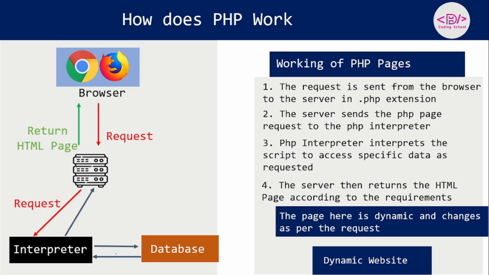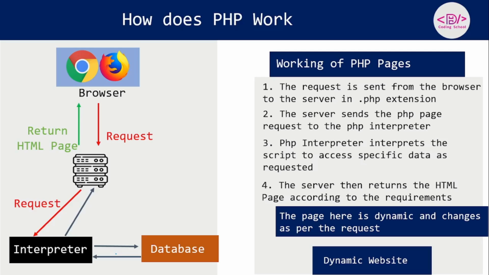So how does this work? The starting process is actually the same. A user goes in the browser and requests to access a certain website, let's say youtube.com. The browser sends a request to the server, and the server notices that the request requires some sort of data, or that it has a PHP extension on it.